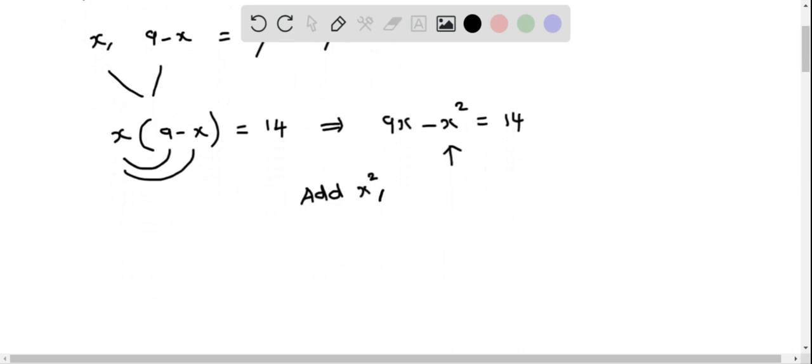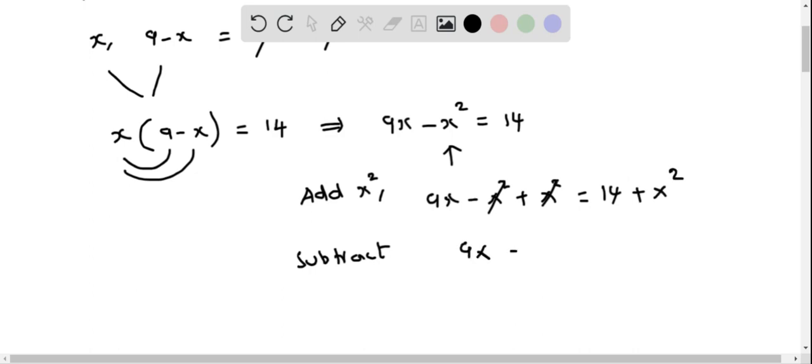When I do that, I'll be getting 9x minus x squared plus x squared equal to 14. So I have 9x equal to 14 plus x squared.